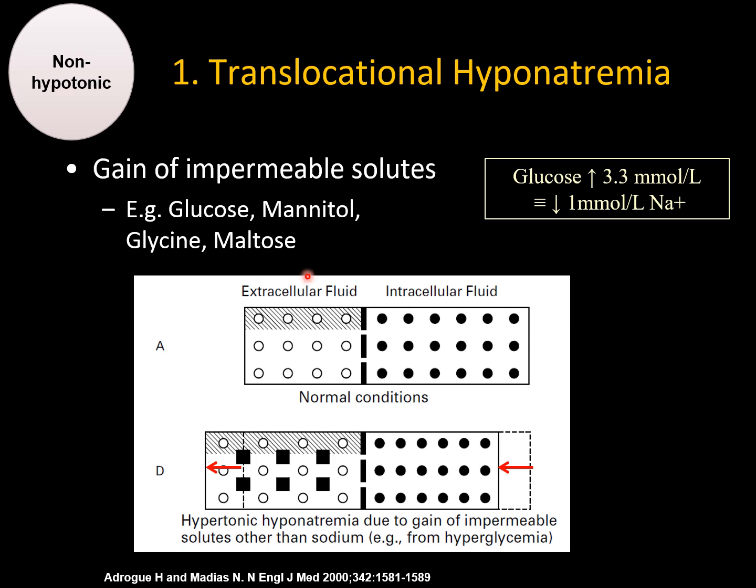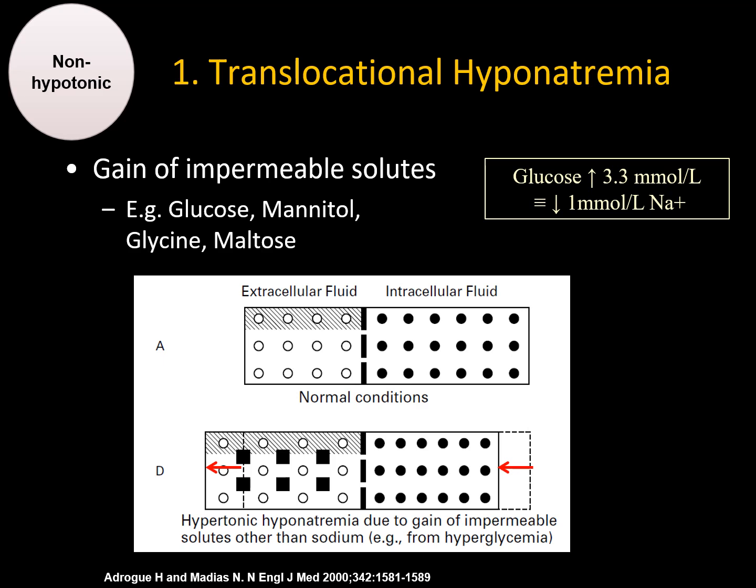When there is a gain of the impermeable solutes, this results in a rise in plasma osmolality within the extracellular fluid compartment. When the blood is taken and left standing in a blood tube, water from the intracellular red blood cell fluid would shift out into the extracellular compartment, diluting the sodium.